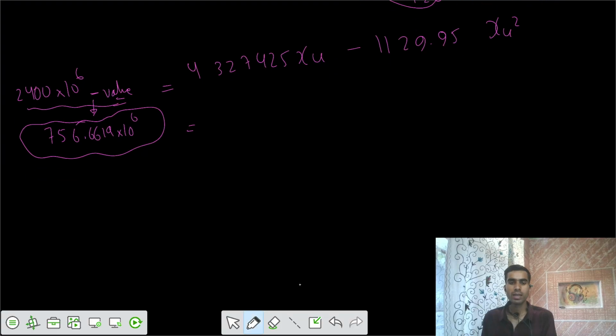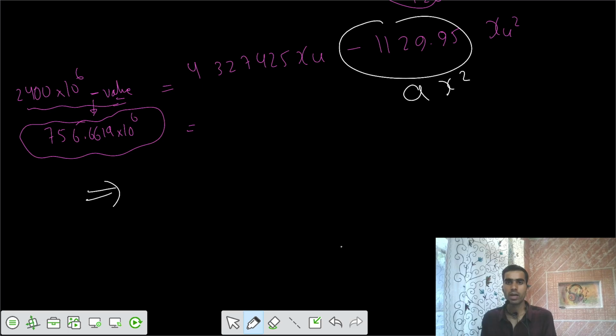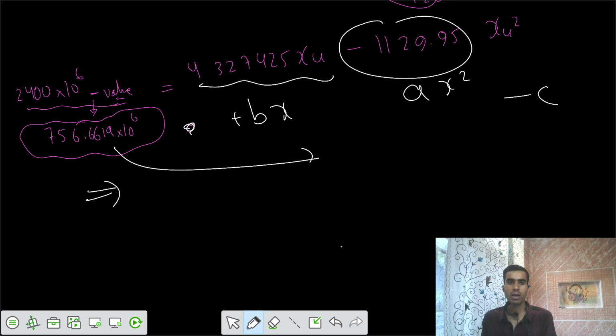Let's hope that the value I would get would also be true. So I got the equation, let's say ax square plus bx minus c. Let's say this is positive and this is some negative value, and finally it equals 0.